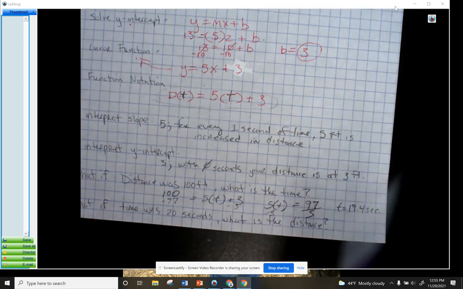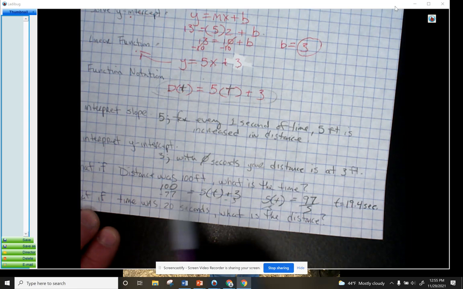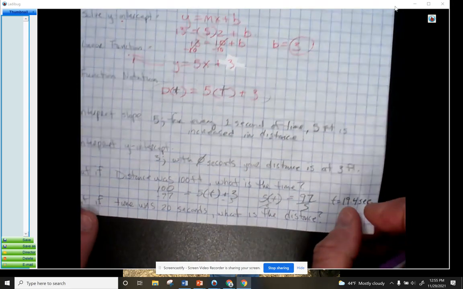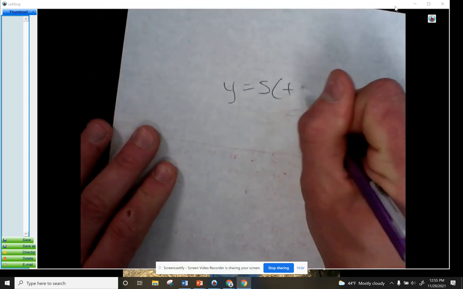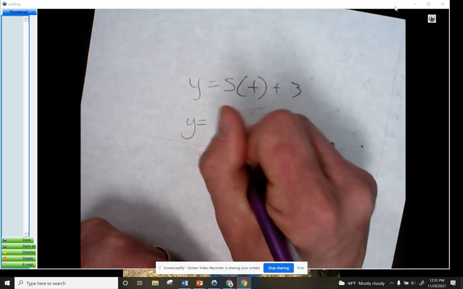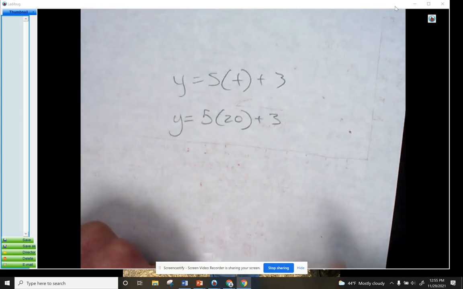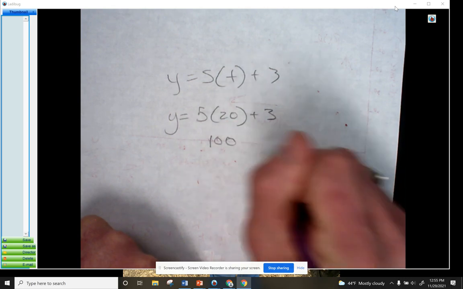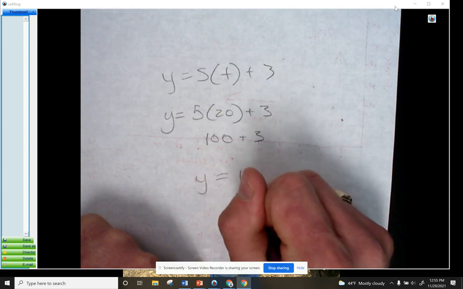The other way to infer is to do it the other way. What if we have the time? Let's infer what the distance would be at that point. So for 20 seconds, y equals 5t plus 3 for 20 seconds. What is the distance going to be if we have 20 seconds for time? 5 times 20 is going to be 100. 100 plus 3, y equals 103.